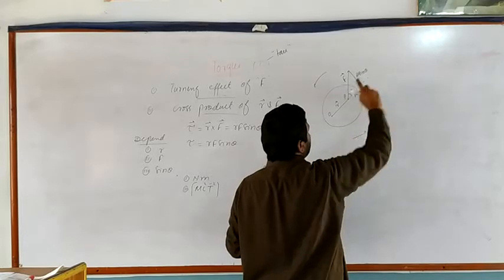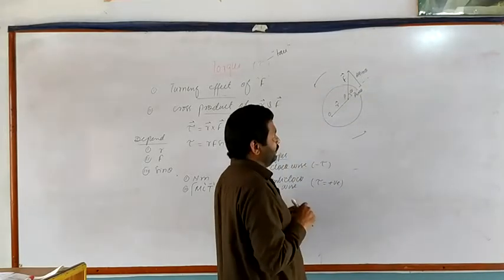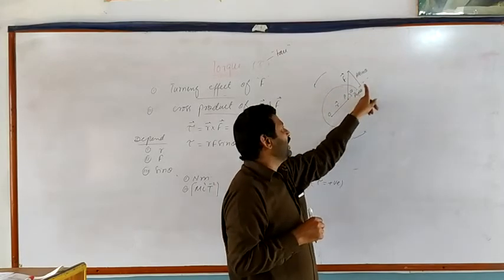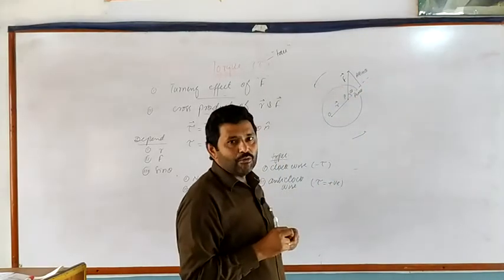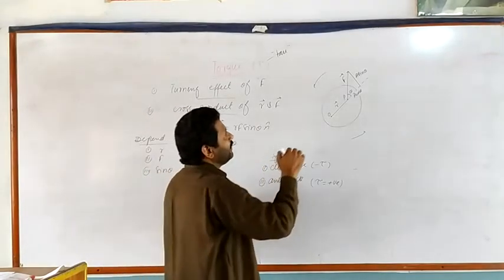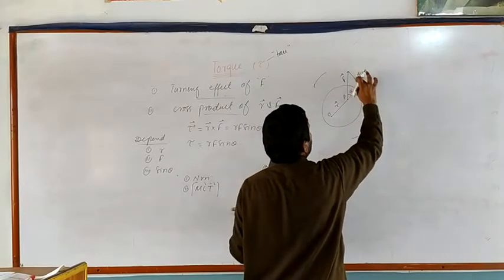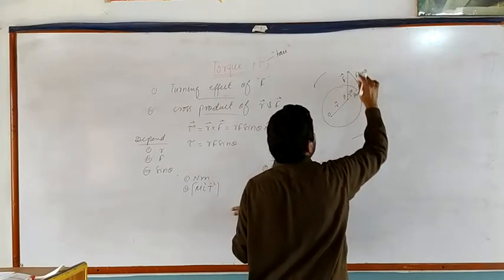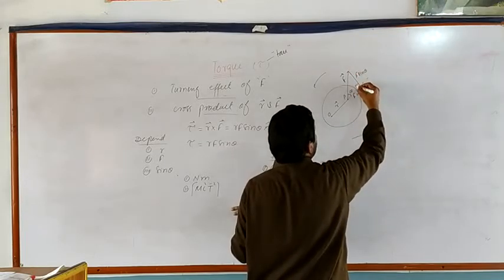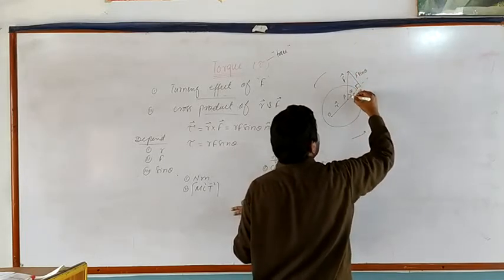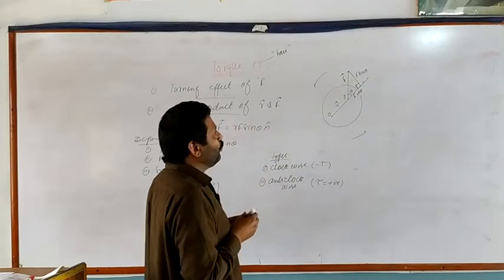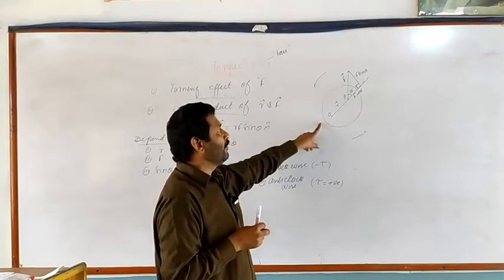F cos theta is parallel to r. The vector r and f cos theta are parallel, and the angle between them is equal to 0. This will produce no torque. The component of force f sin theta is perpendicular to r and is responsible for moving this body on a circular path.